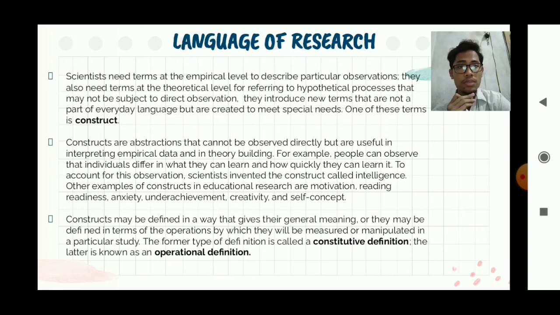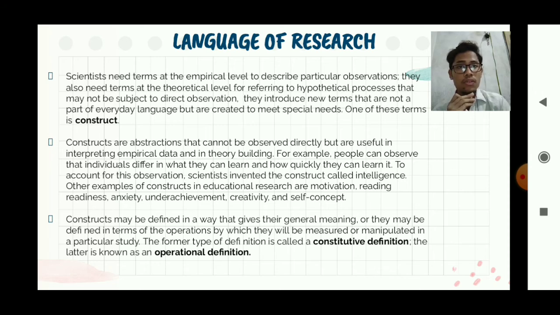One of these terms is construct. Constructs are abstractions that cannot be observed directly but are useful in interpreting empirical data and theory building. For example, people can observe that individuals differ in the way they can learn and how quickly they can learn it.